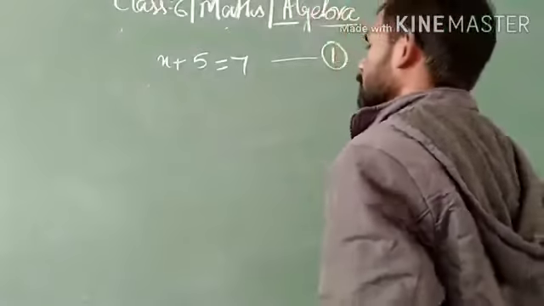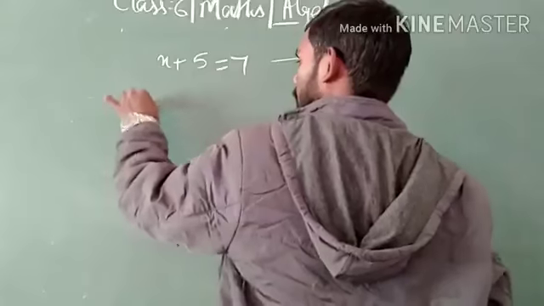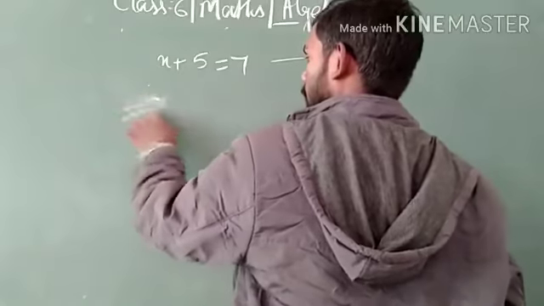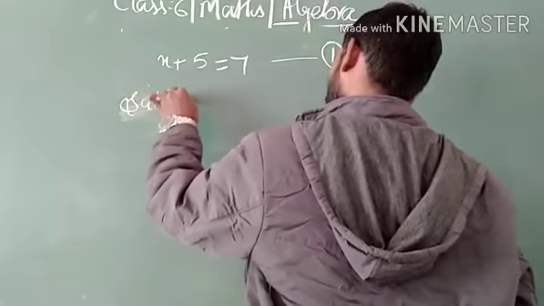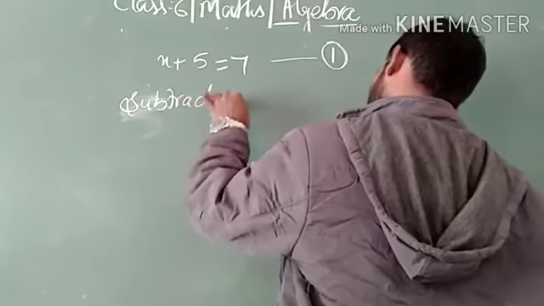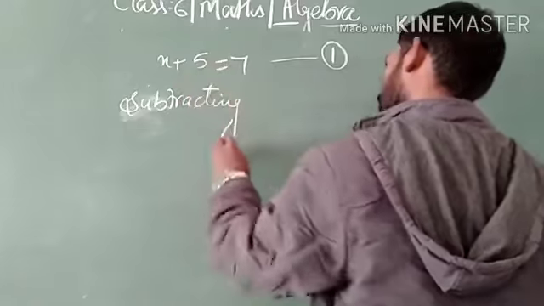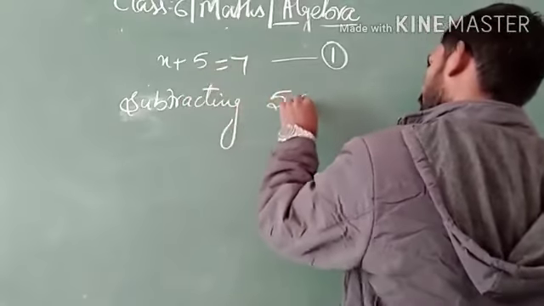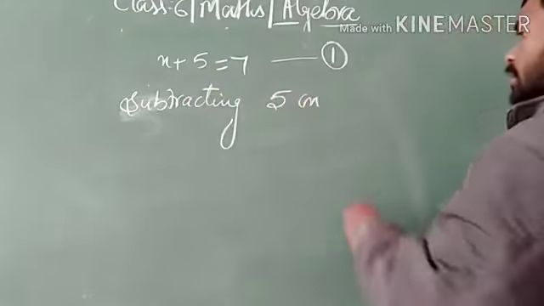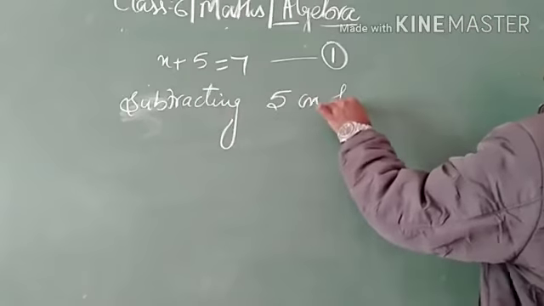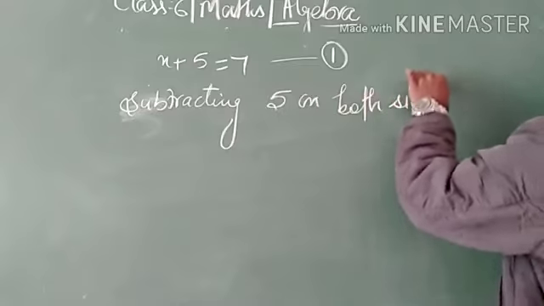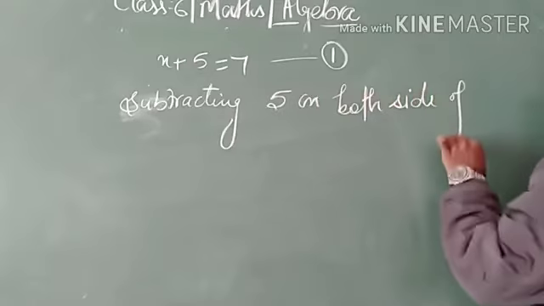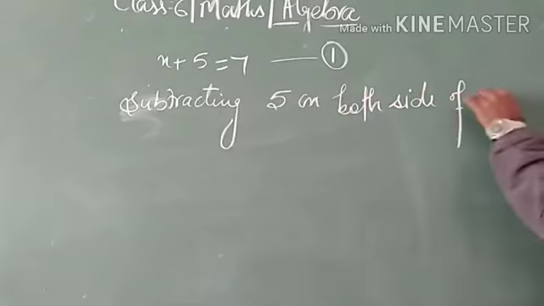So, we are subtracting 5 on both sides of equation 1.